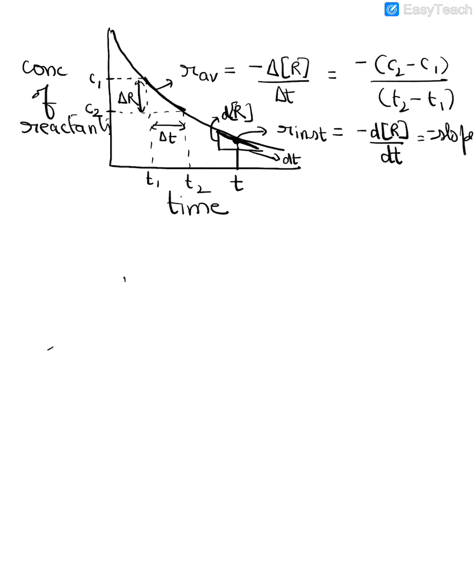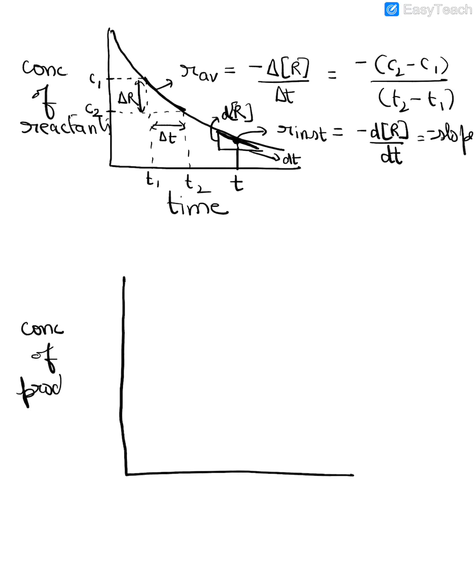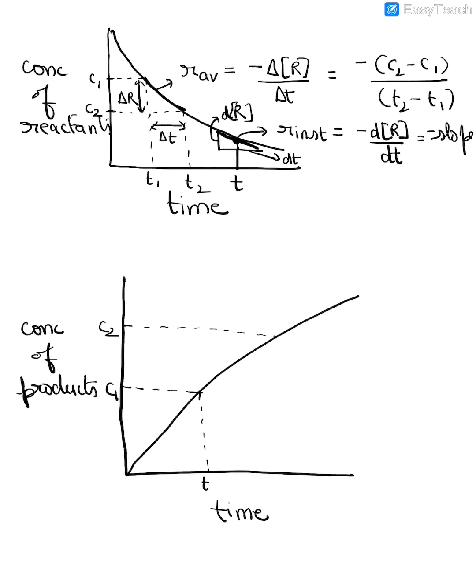Similarly, if we want to draw a graph expressing concentration of products and time, here we are going to get an upward slope because concentration of product increases with time. So initial concentration is taken as C1, final concentration will be taken as C2. For C1 we will have time T1, for C2 we will have time T2.